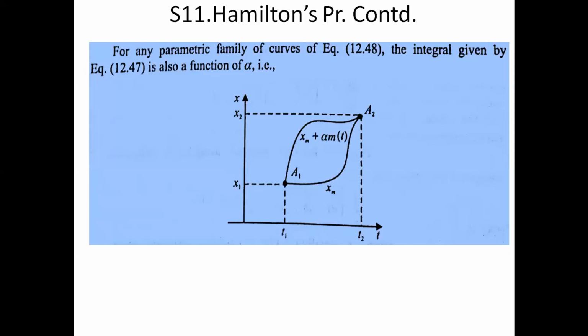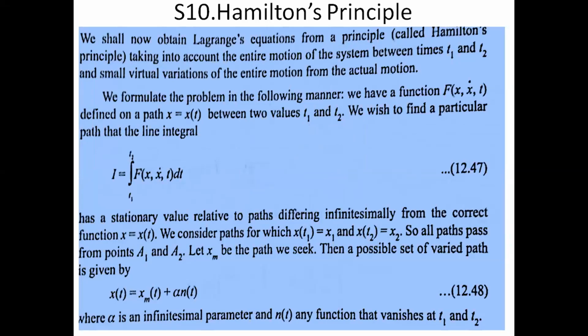I say that this functional has a stationary value relative to paths differing infinitesimally from the correct function x equals x(t), and the end values of x at times t1 and t2 are x1 and x2.